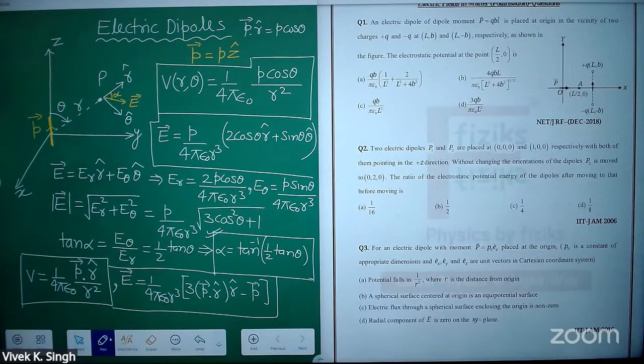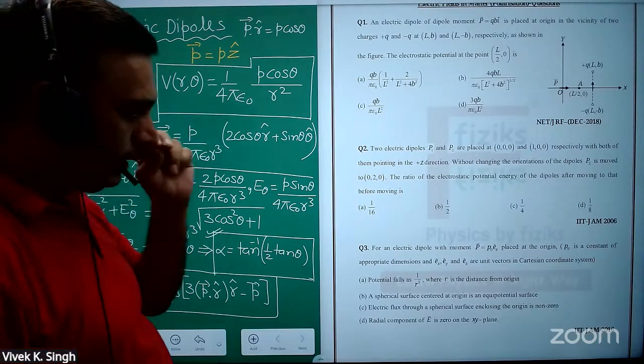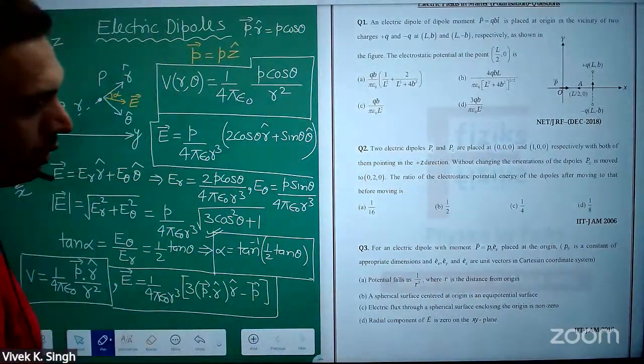Note it down. So this is the summary of electric field and potential due to dipole.